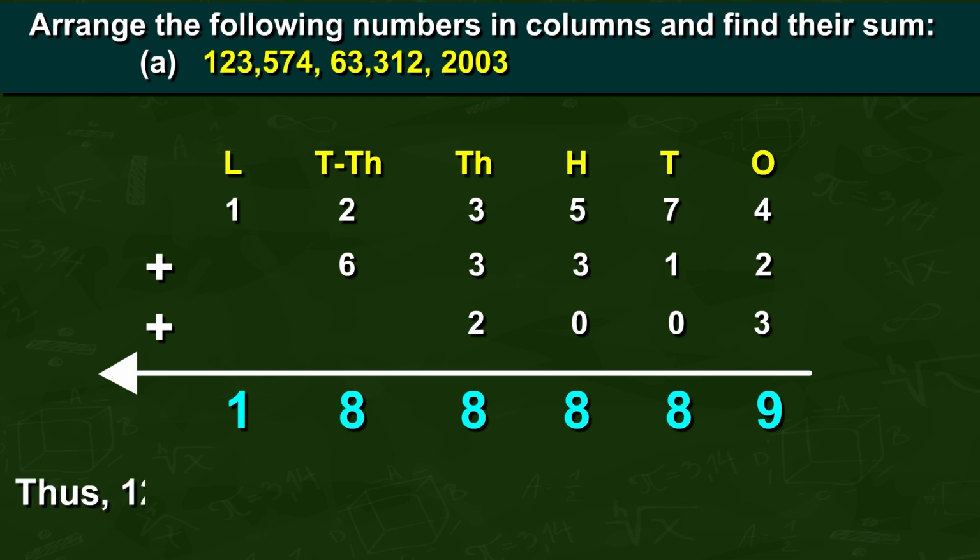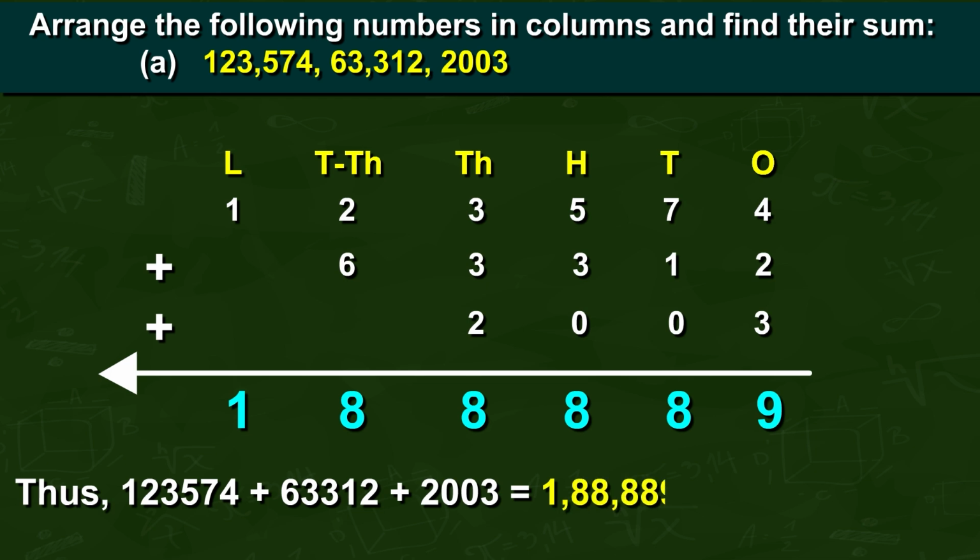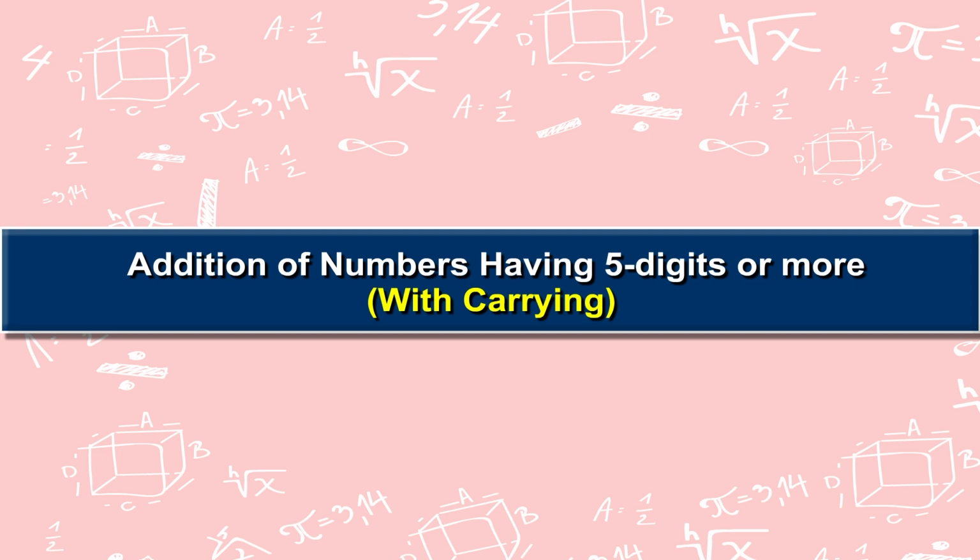Thus, 1,23,574 plus 63,312 plus 2003 is equal to 1,88,889. Addition of numbers having 5 digits or more with carrying.